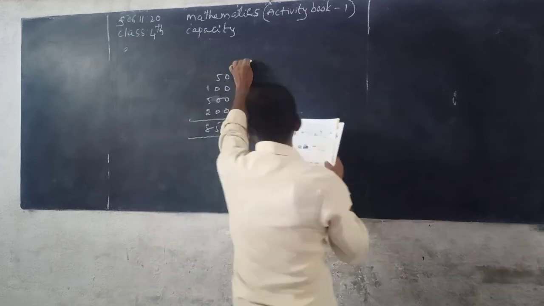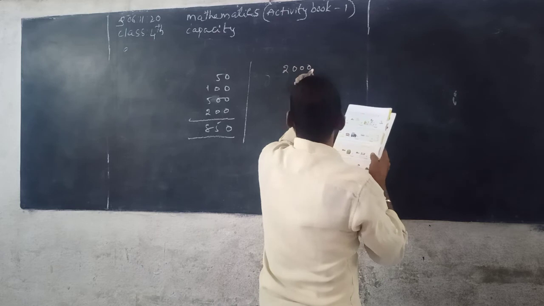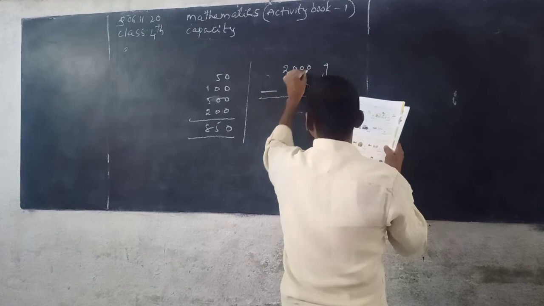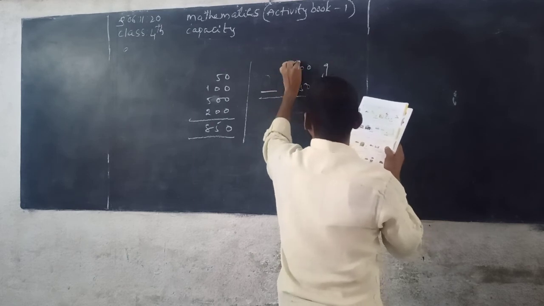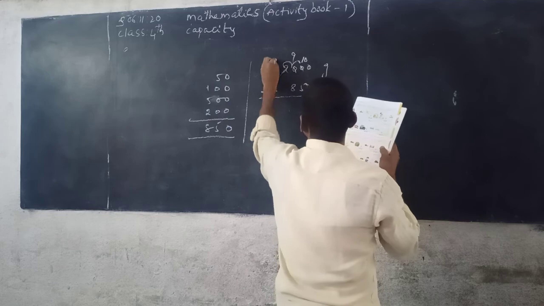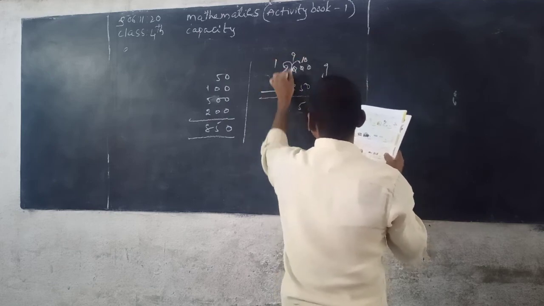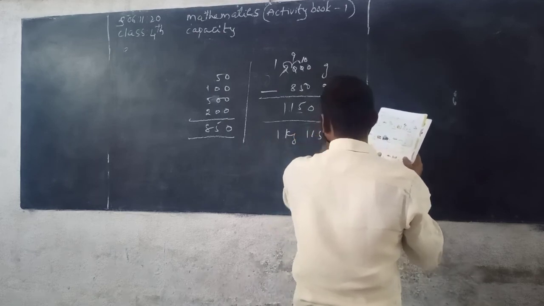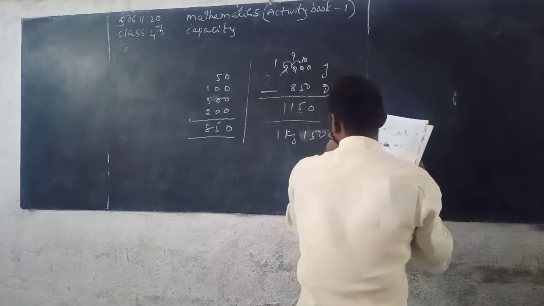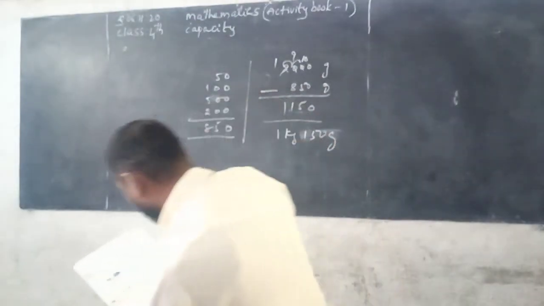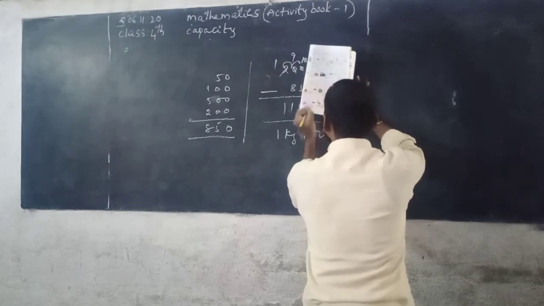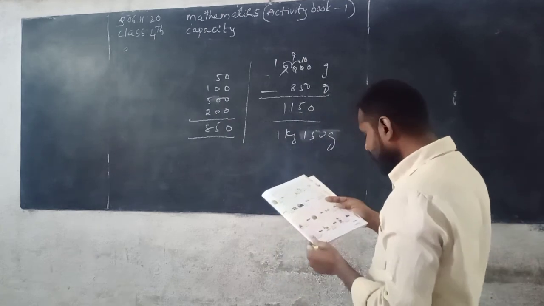See here, 2 kg means 2000 grams minus 850 grams. 0 minus 0, 0. 0 minus 5 not possible, take borrowing, 10, 9, 1. See here, 10 minus 5, 5. 9 minus 8, 1. 1. So 1 kg 150 grams needed. You can write it here: 1 kg 150 grams. Next here 25 kg.